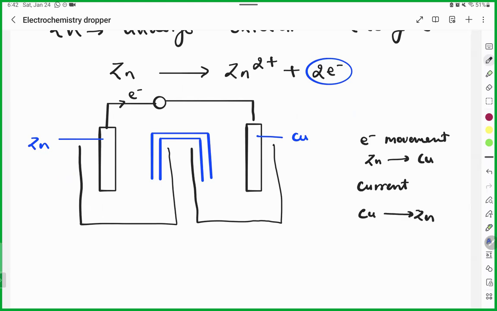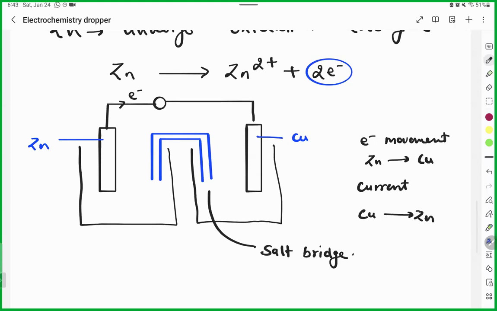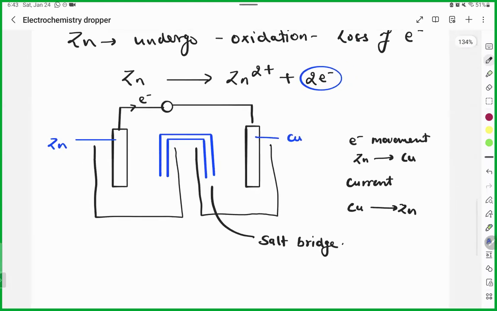And to make the complete system, you have a salt bridge that connects both the beakers, and there is a continuous flow, meaning electricity formation. But in this situation, you need some external potential to manage all this. If external potential is less than 1.1 volt, what will happen? Electrons will move from zinc to copper. Current will be from copper to zinc.